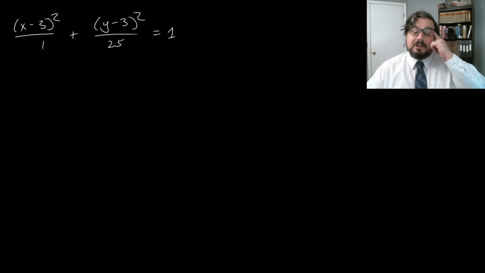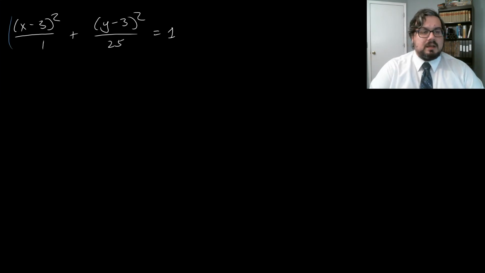So let's take this (x minus 3) squared over 1 plus (y minus 3) squared over 25 equals 1. And I just want to basically expand all this out. I'm going to start by multiplying both sides by 25 in order to get rid of that denominator under the y's.